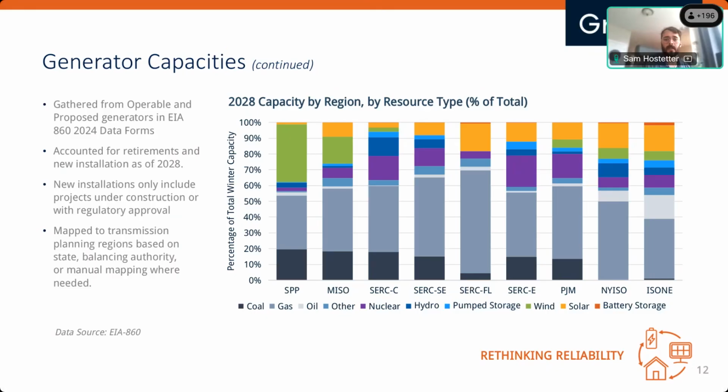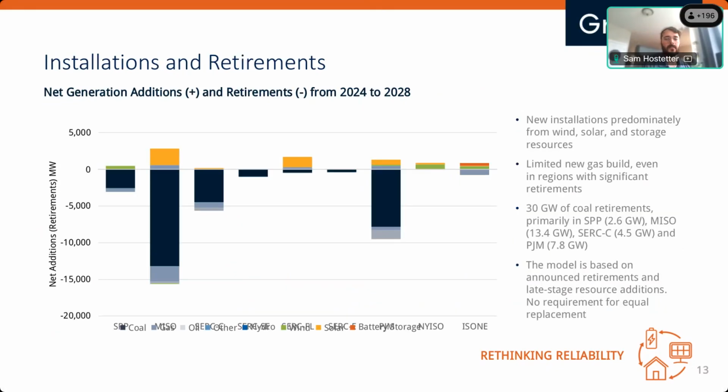Diving a bit more specifically into those two categories of capacity, we can see a representation of the total additions and retirements going into each region. Unfortunately, it seems like the legend has overlapped a little bit here, but the predominant theme shown here are the retirements, specifically coal retirements in that darker navy blue color.